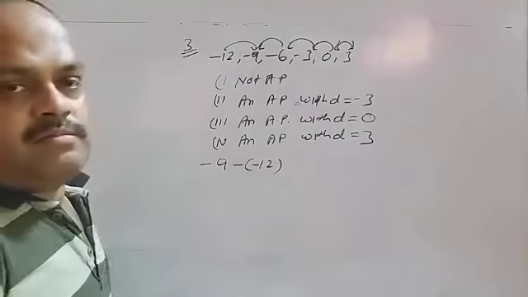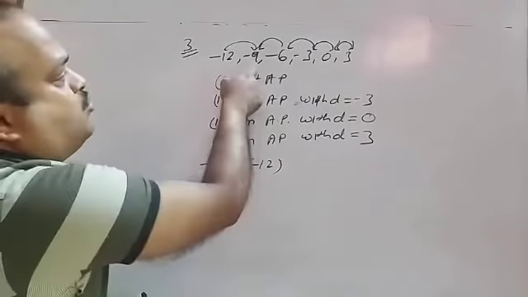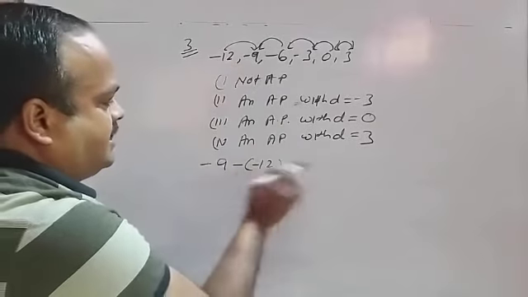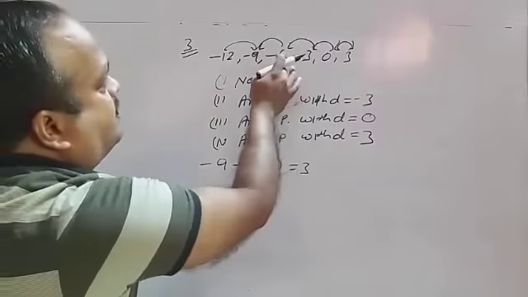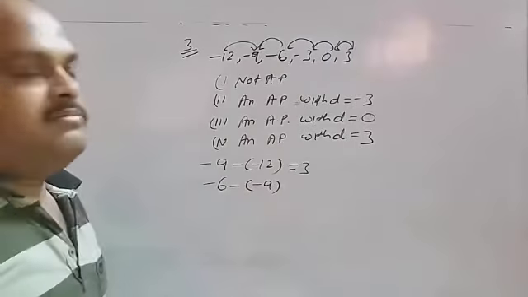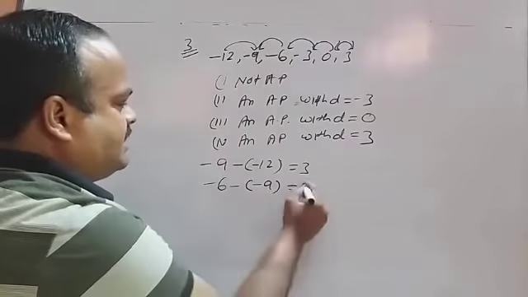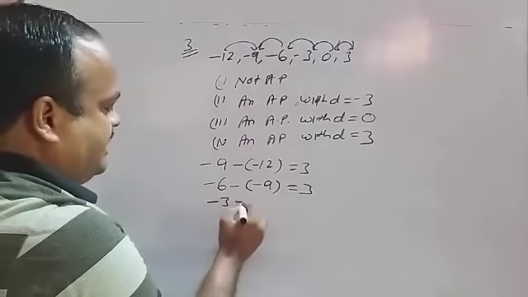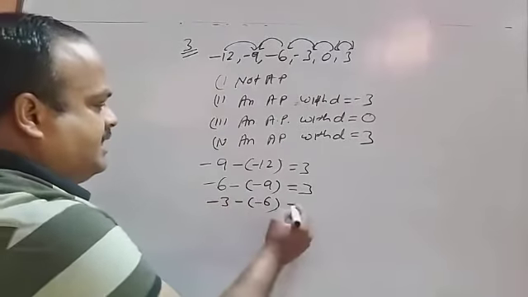To find the common difference D, I told you, T2 minus T1. So minus 9 minus (minus 12) becomes 3. Second one, minus 6 minus (minus 9), so plus 9 minus 6, 3. Next one, minus 3 minus (minus 6), 6 minus 3, 3.